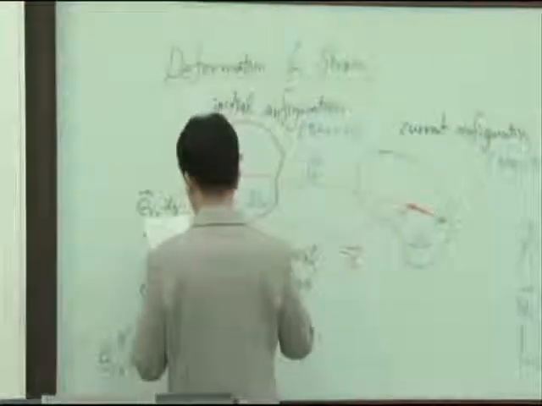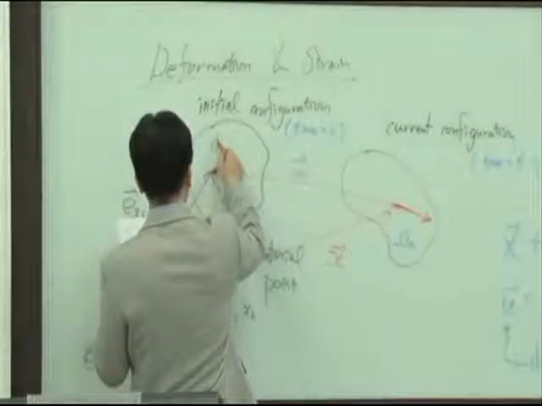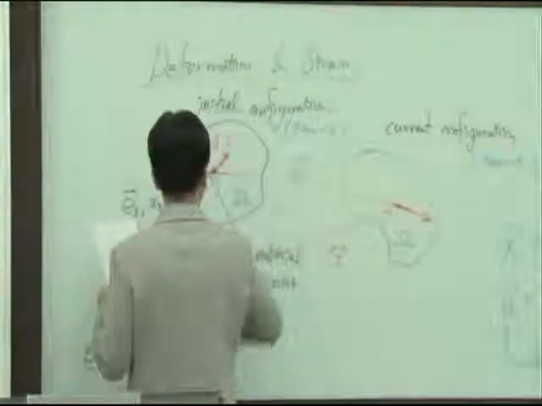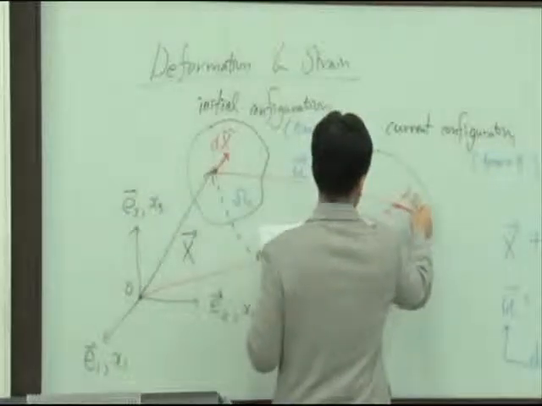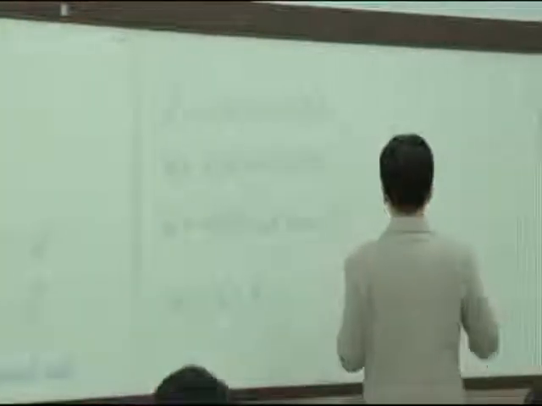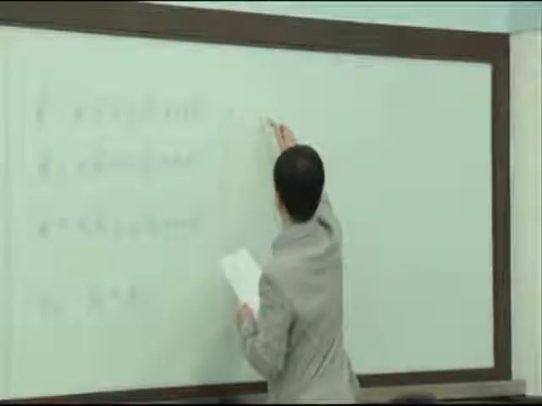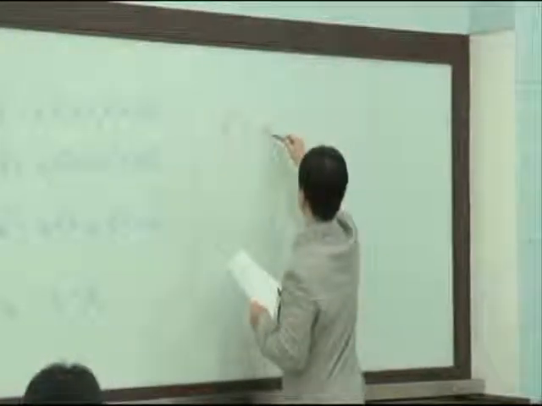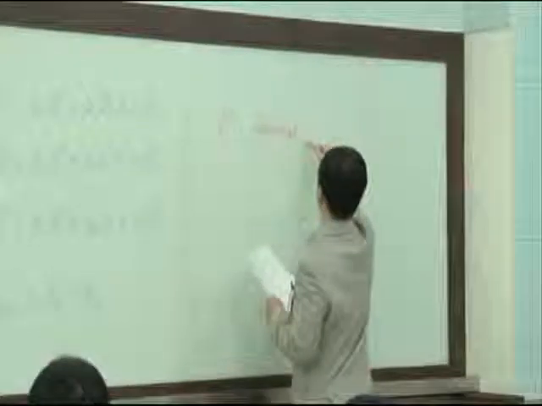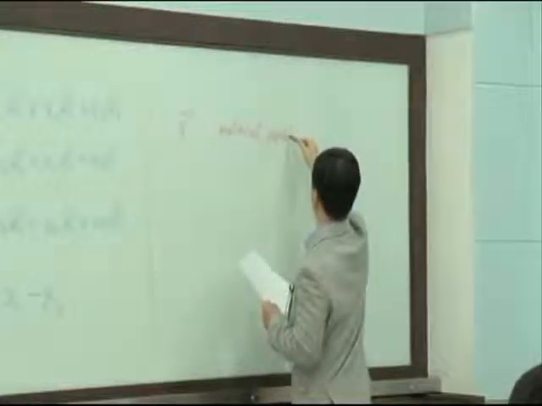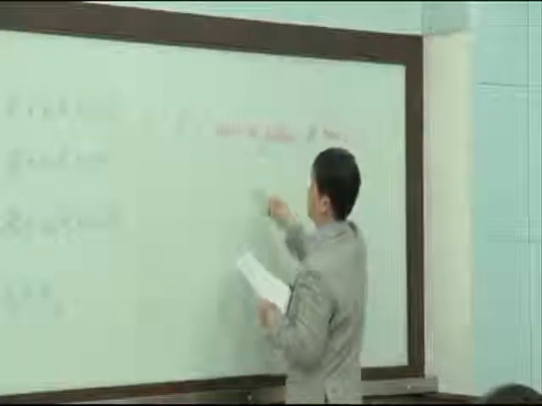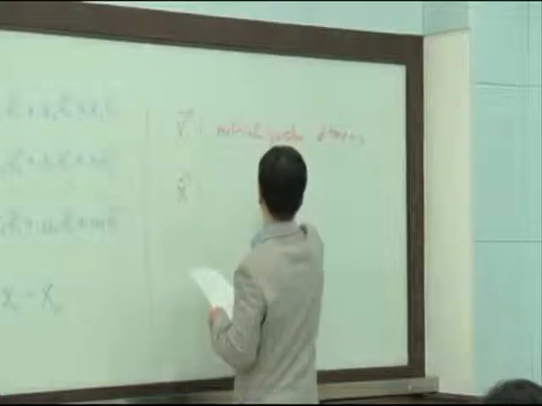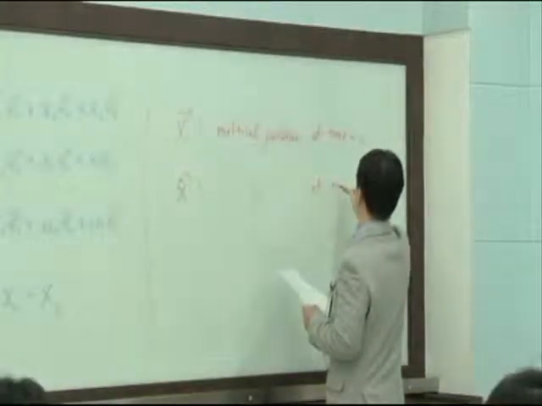And let's define a very small vector, dx, in the initial configuration. So let's define X, the material position at time 0. x is the material position at time t.